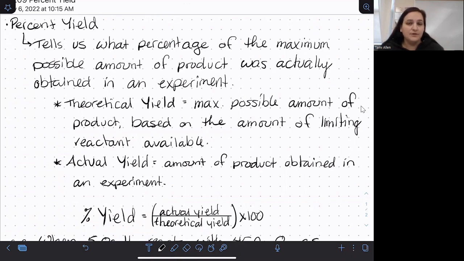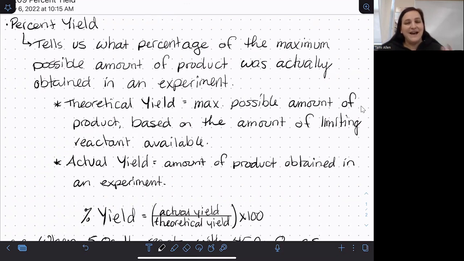You are almost always going to lose something along the way from transferring, or maybe you spilled a little, whatever the case may be. If you get a percent yield above 100, that means there's something else in there, and what you think you have isolated is not just your product. Percent yields above 100 are possible to calculate.